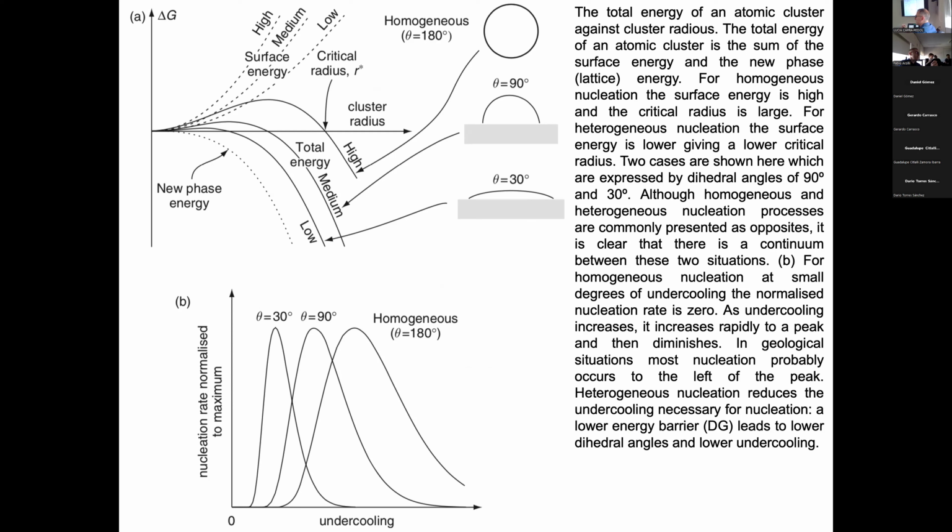Basically, you need some help, a persisting surface. If you have very low energy available, it means that the wetting angle will be smaller. The wetting angle is in some way related to the critical radius.